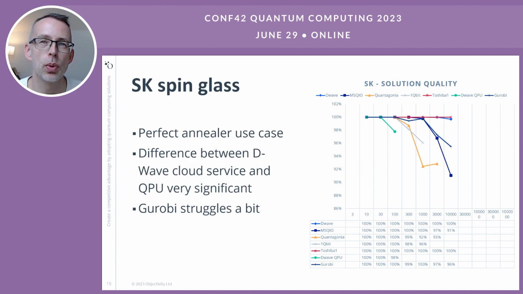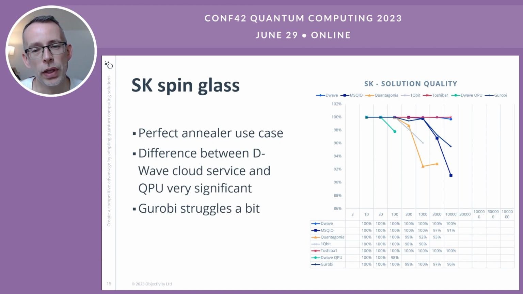And D-Wave won't tell you how exactly they mix up the two, but it works exceptionally well. In terms of compute time, most of the compute time is done by classical computers, and the time spent on the actual QPU is measured in milliseconds, whereas the total execution time, depending on the size of the problem, is measured in seconds or minutes.